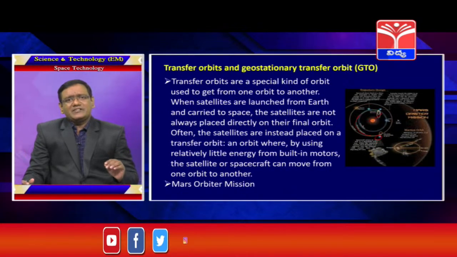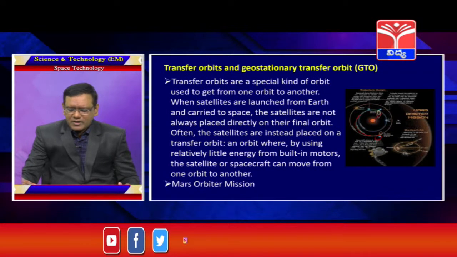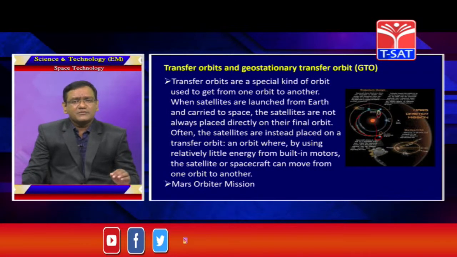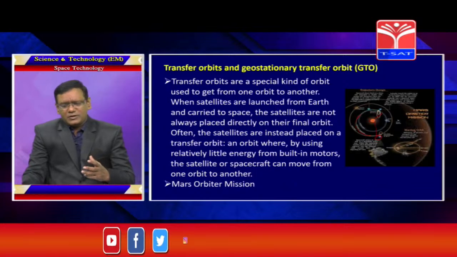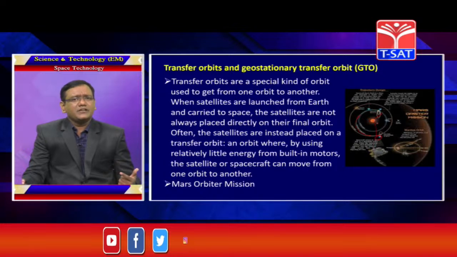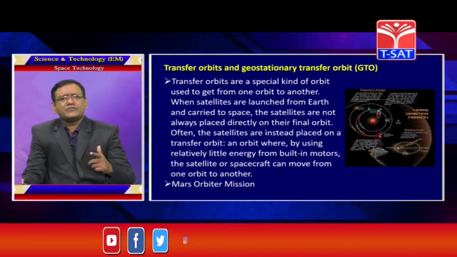When satellites are launched from the Earth and carried to space, the satellites are not always placed directly in their final orbit. You cannot place a satellite directly there because of many technical issues, because we may not have that much power to send a satellite from here to here. That's the reason why we need a different technique to send it from one place to another, and from there you increase the speed, then you take it to a different level.